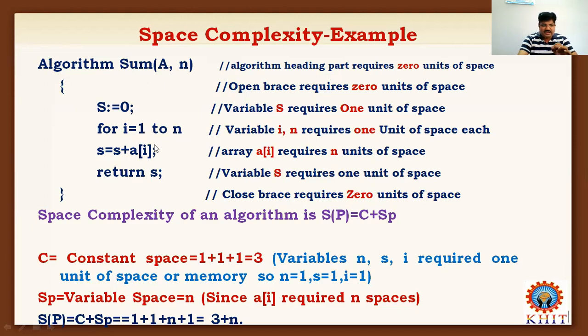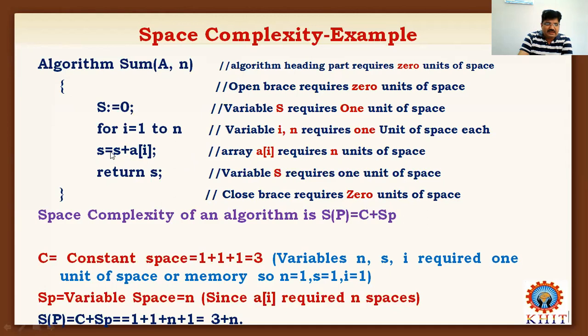To store the array, the size of the array requires n units of space. So A of I will require n units, because I ranges up to n, meaning n units of memory are required for executing A of I. Whereas for S it will require 1 unit.